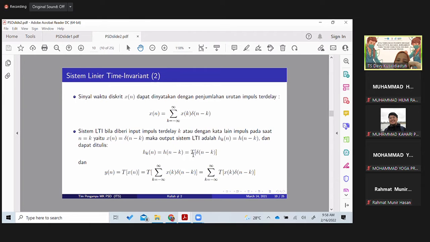and then we could also say that it is the transformation of an input x[n], where x[n] is equal to δ[n-k].